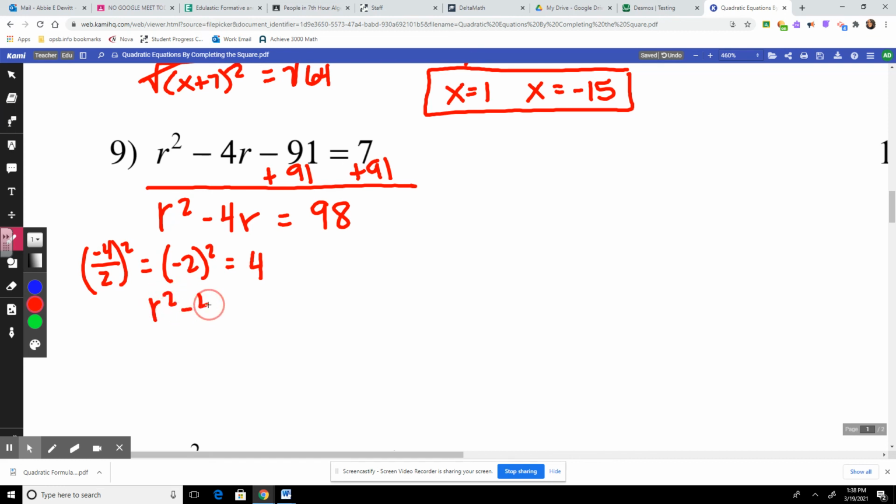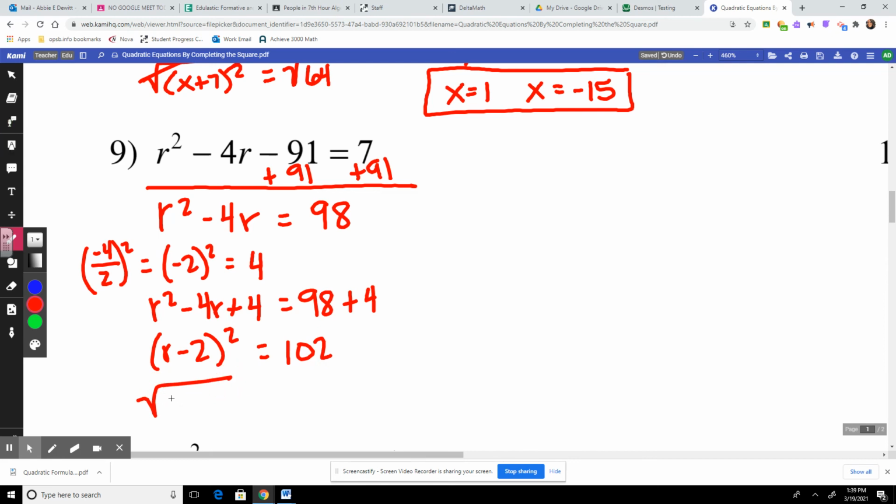R squared minus 4r plus 4 equals 98 plus 4. The square root of positive 4 is positive negative 2. This negative 4 tells me that I need negative 2, so r minus 2 squared equals 98 plus 4. 98 plus 4 is 102.